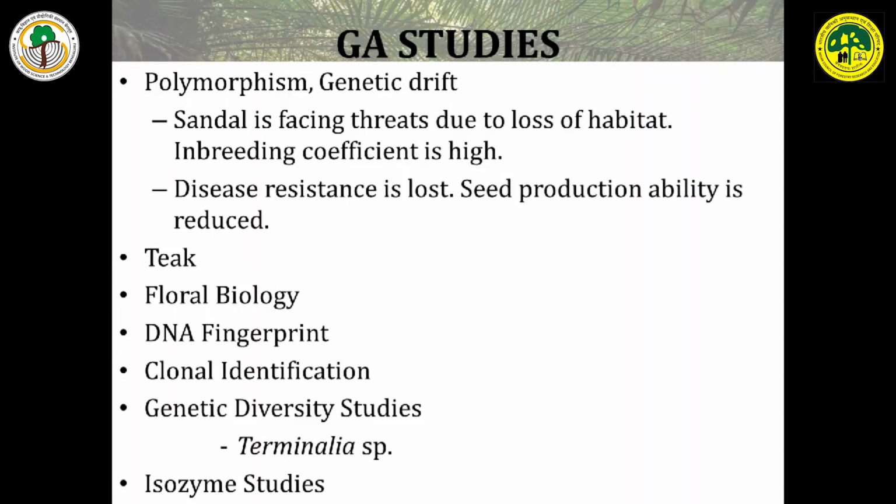Because of this knowledge, we tried to initiate classical breeding. We tried to develop seed orchards, seedling seed orchards. Then we also collected a lot of germplasm. So we have a few germplasm banks located in different places, very close to nurseries, particularly for dry zone species.